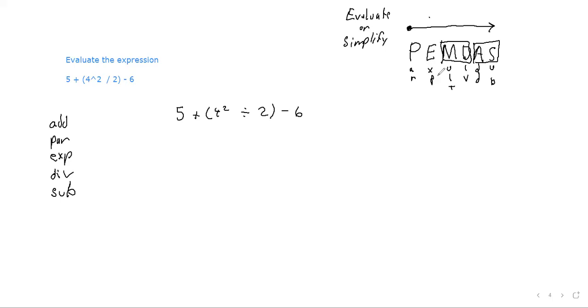The next letter is exponents. The next is multiplication, then division, and then after that, addition and subtraction. Now, you see I have these squares here. That means it's either multiplication or division, and either addition or subtraction. It's going to be based on the equation, how it's set up, going from left to right.